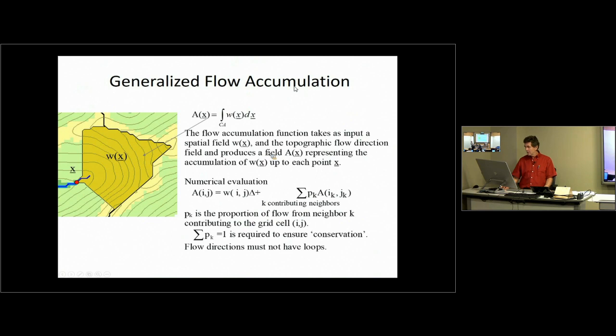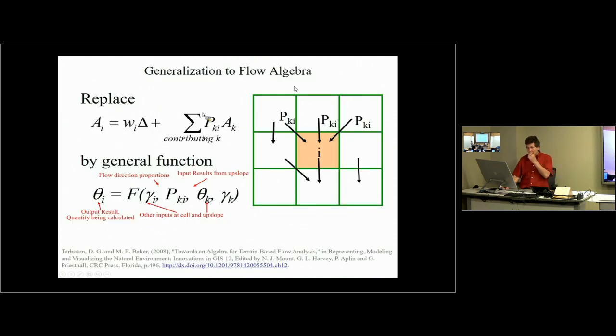So you can generalize flow accumulation, and you can also say, rather than having just the calculation of weighted contributing area, which is the contribution from the cell itself plus the inflowing cells, I could use any general function.